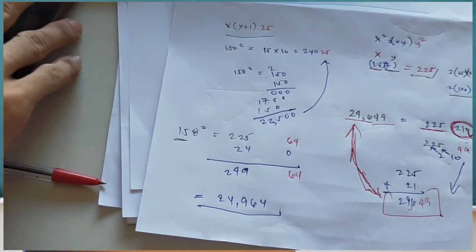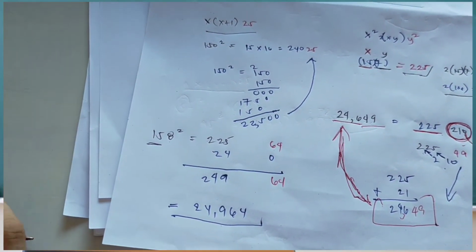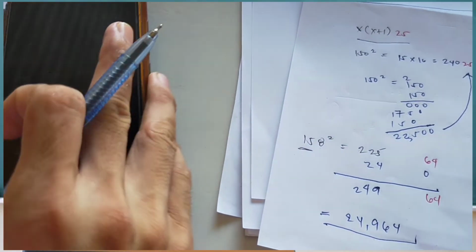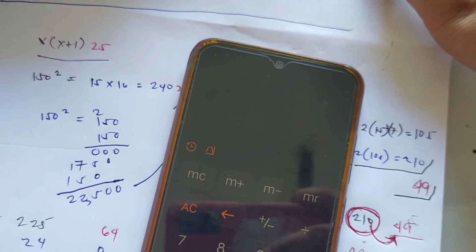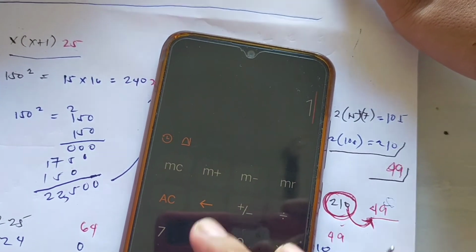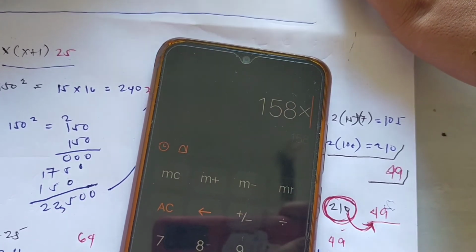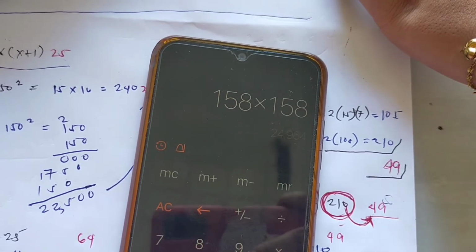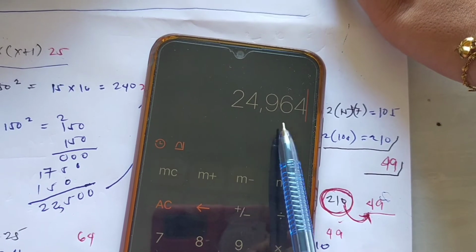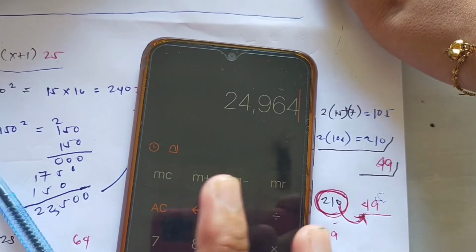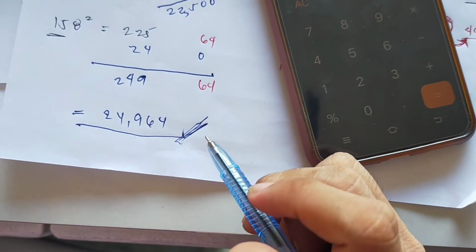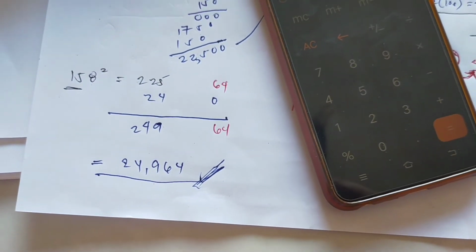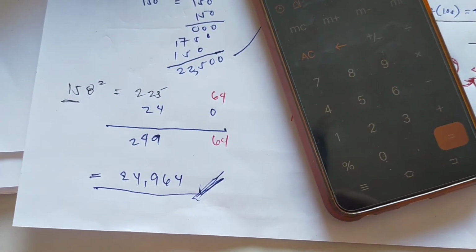So when we use the calculator, that will be the answer. To check the conjecture, we have to use a calculator. So 158 times 158 is equal to 24,964. The same with this process, okay? So the next step will be discussed by Miss Regine Ortiz.